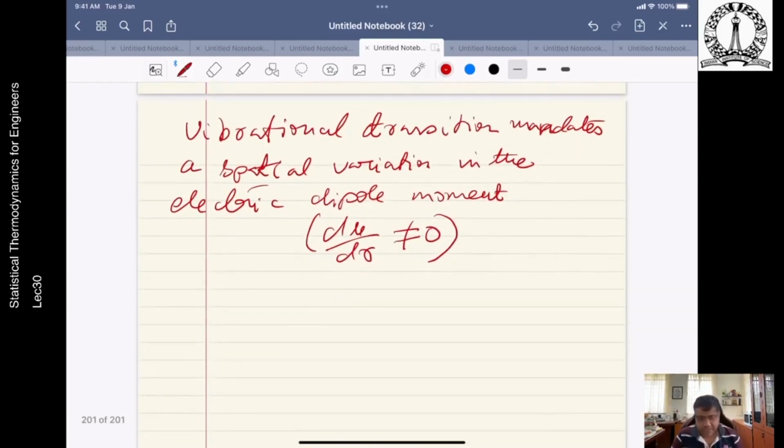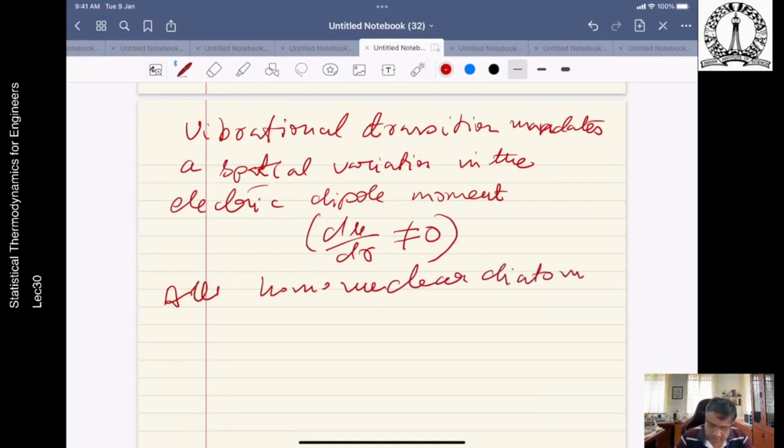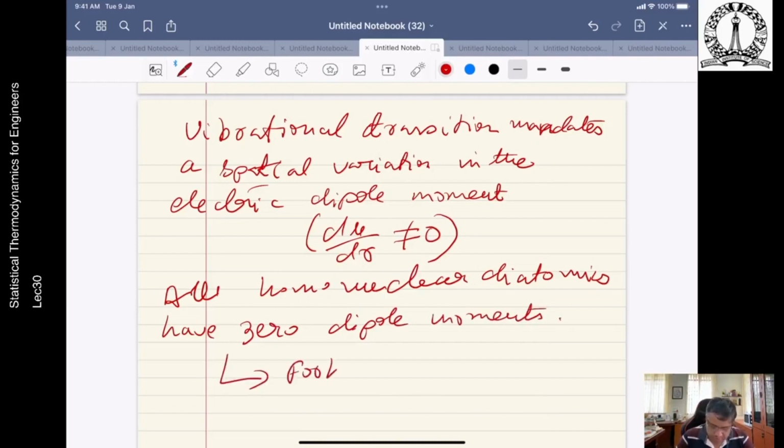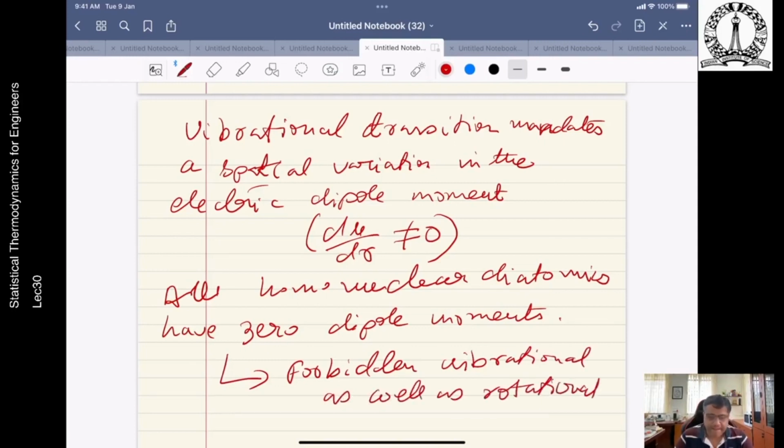This is required because all homonuclear diatomics have zero dipole moments. This translates to both vibrational as well as rotational transitions being forbidden.